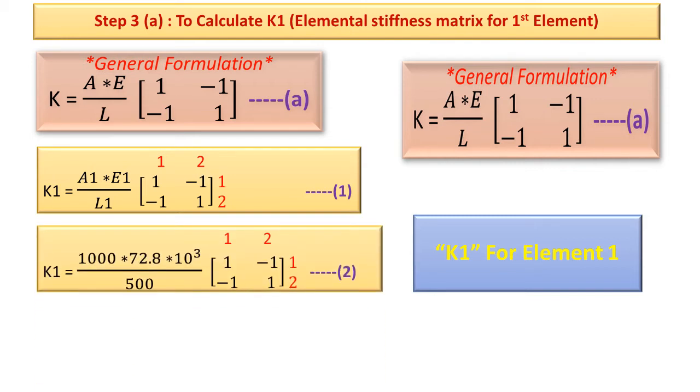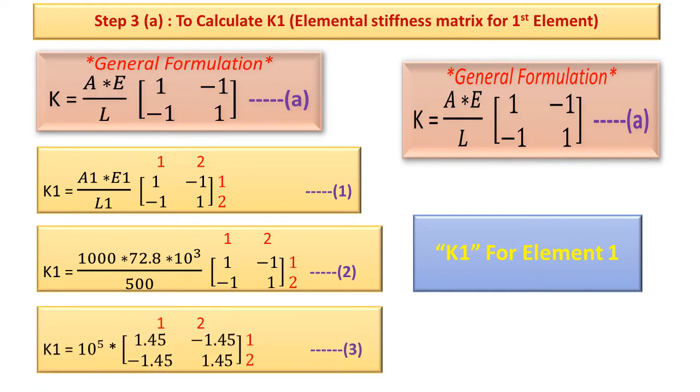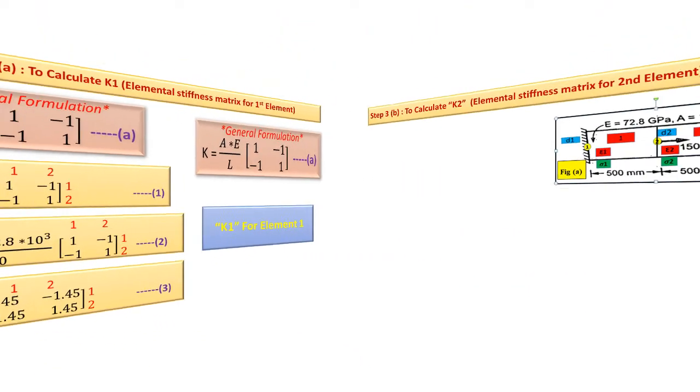The subscripts 1 and 2 represent that the first element lies between node number 1 and 2. From the data, the values of area, Young's modulus and length are put in the formula. After putting in these values, we get K1 equal to 10 raised to 5 times [1.4 -1.4; -1.4 1.4], equation number 3.